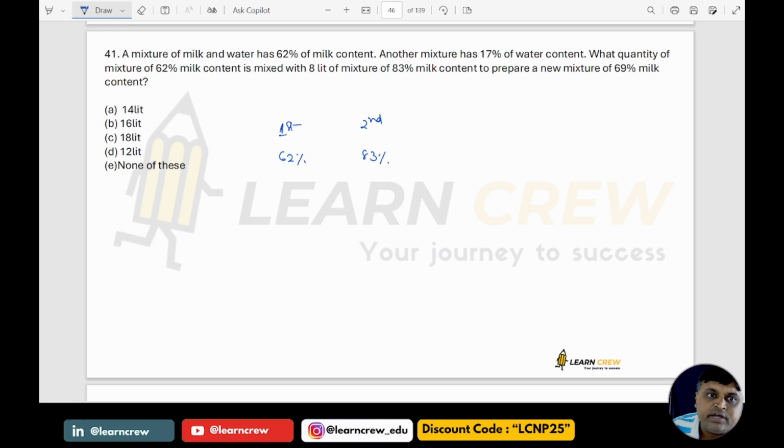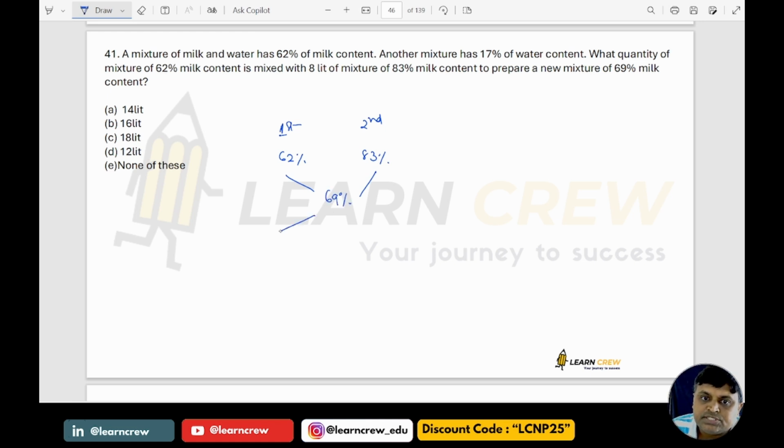What quantity of mixture of 62% milk content is mixed with 8 liters of 83% milk content to prepare a new mixture of 69%. So this is cheaper, this is dearer, and the mean is 69%.